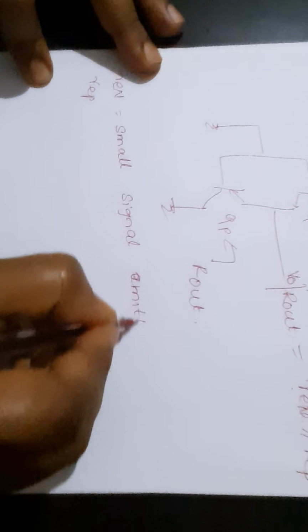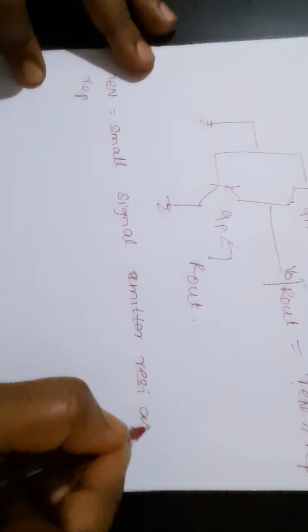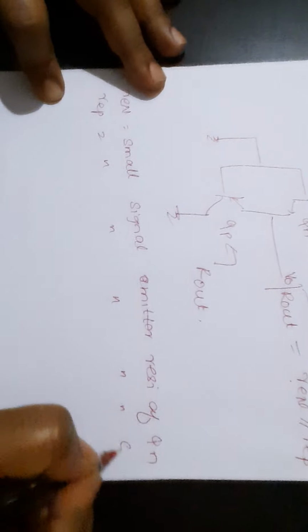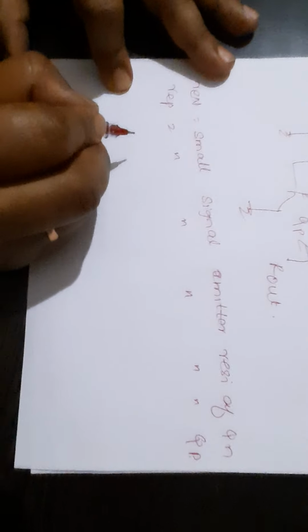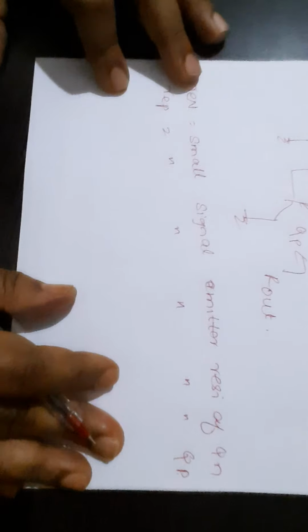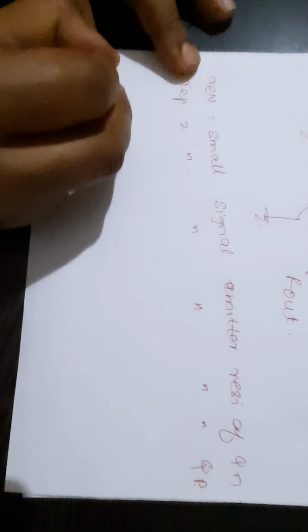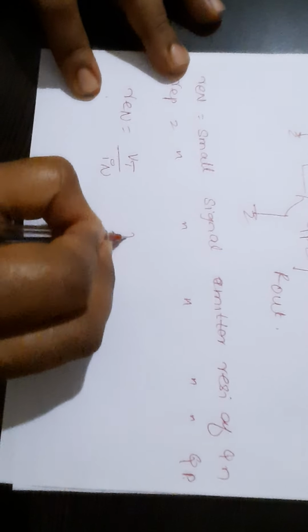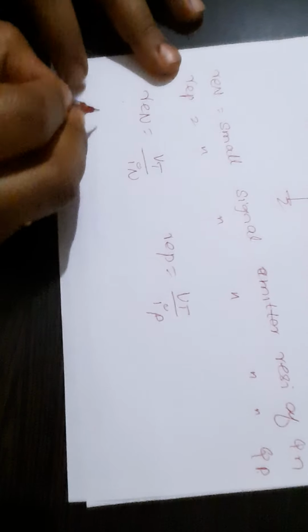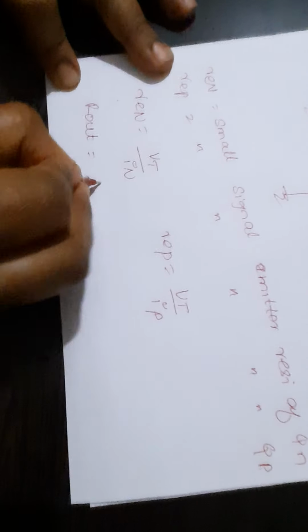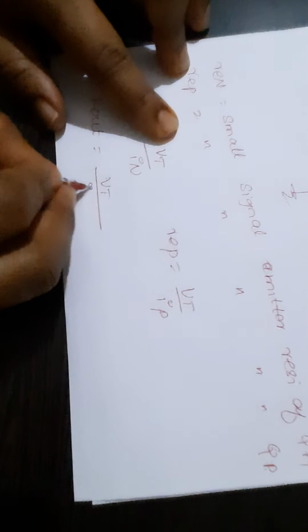At a given input voltage, the currents IN and IP can be determined, and REN and REP are given as REN equal to VT by IN and REP equal to VT by IP. Then Rout will be VT divided by IN plus IP.